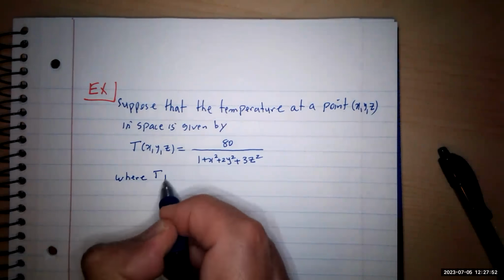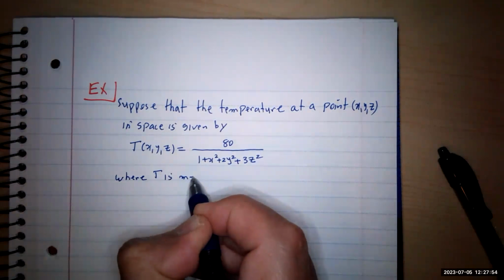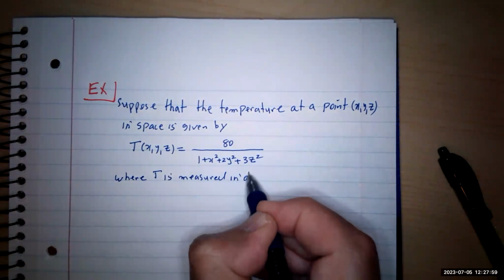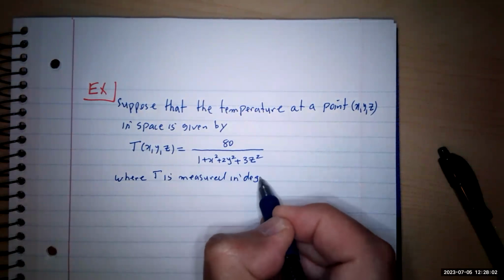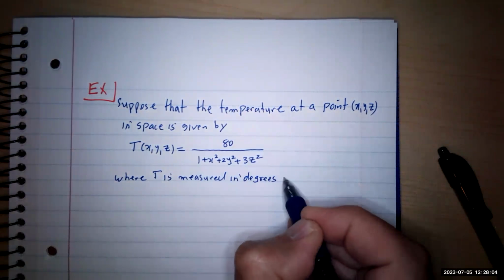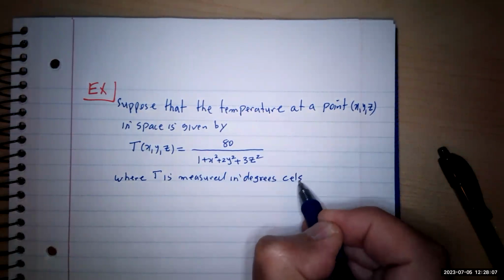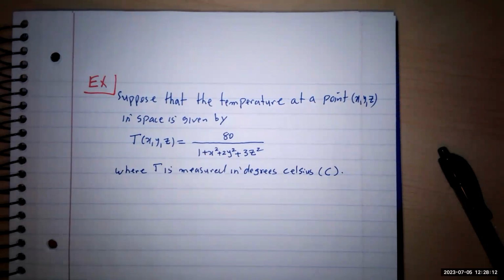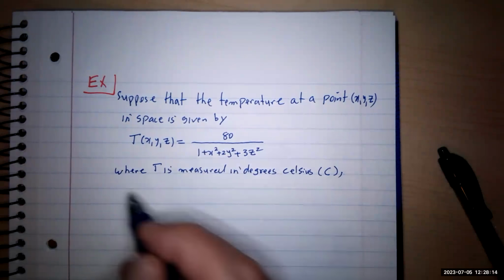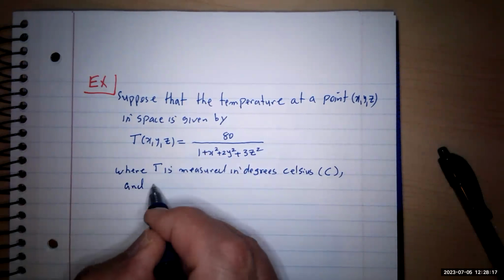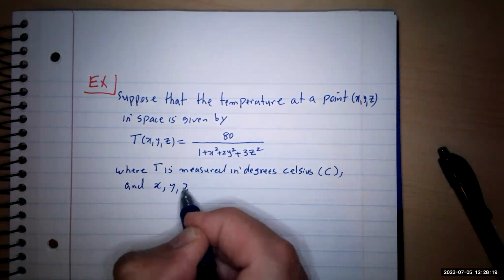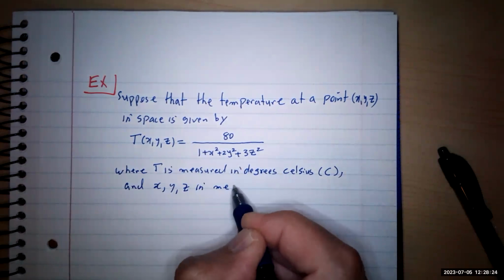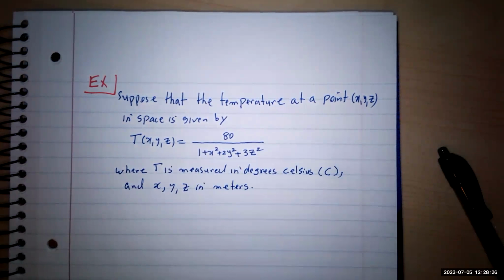T is measured in degrees, Fahrenheit or Celsius, centigrade if you like, and X, Y, Z is of course a position in meters or miles. So that's the function and the units.